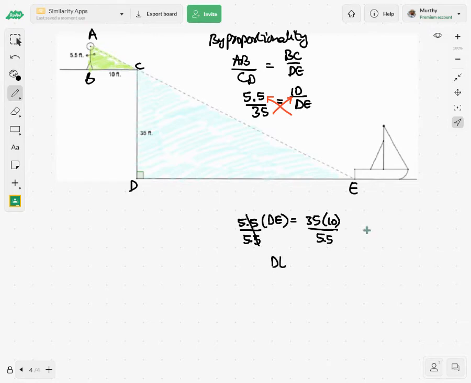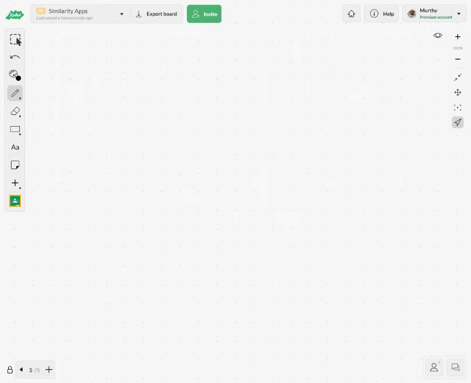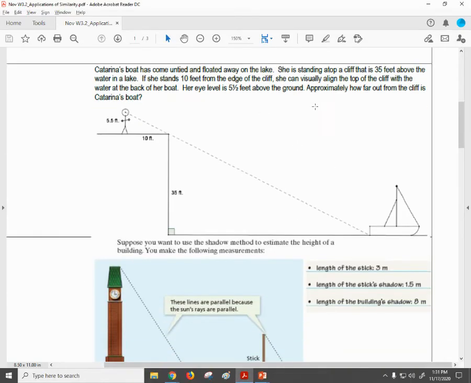Then the value of DE is, let me grab my calculator, 35 times 10 divided by 5.5. That gives me 63.63 feet. So that is the distance between the boat and the building, 63.63 feet.